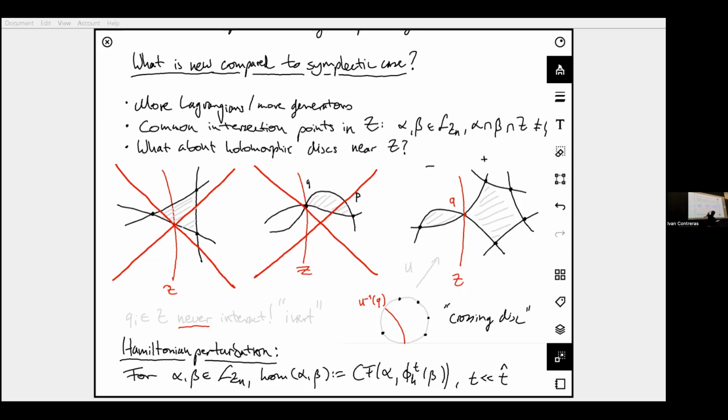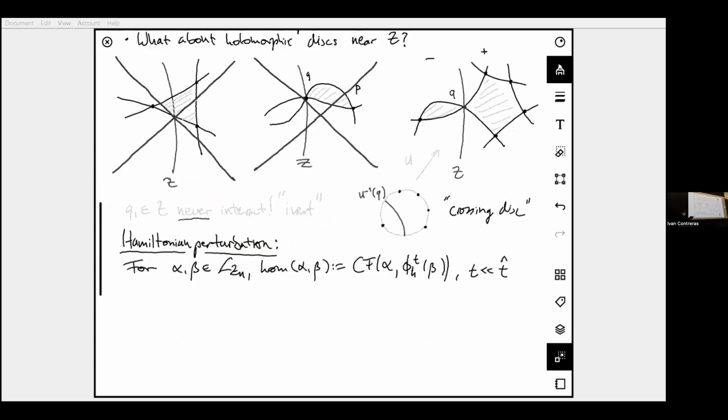If we look at the domain here, so here's the disk, then we'll have this whole interval that gets mapped into this one point, and the orientation of the map is one way here where it goes into the positive symplectic component, and the other way here where it goes into the negative symplectic component. So that's the special structure that this log geometry makes arise.